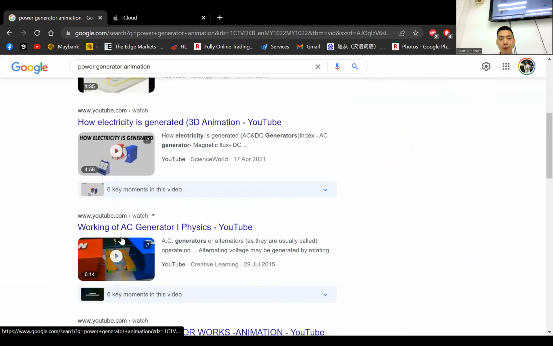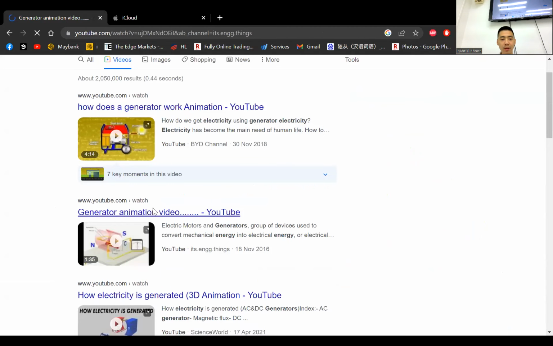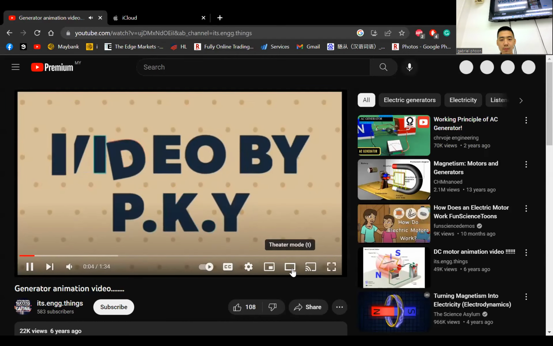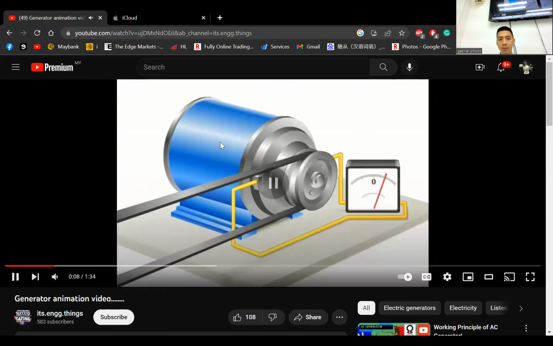I need to show you how a power generator works first. This is a good one. You see this thing here is the power generator that I was talking about. This one here doesn't use a turbine, it uses a belt instead, which is just something spinning it.